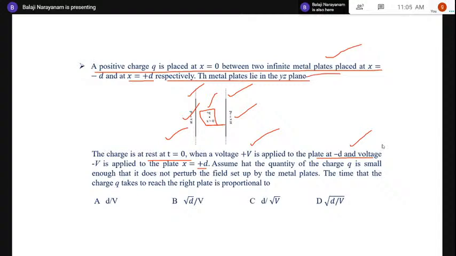The charge is at rest at t is equal to 0. That is given.